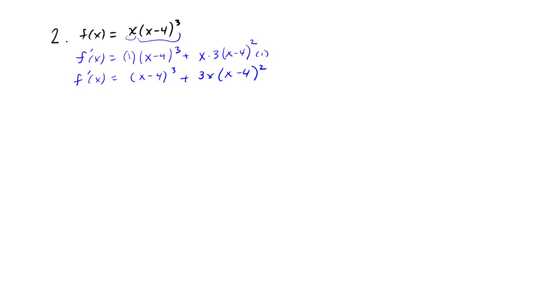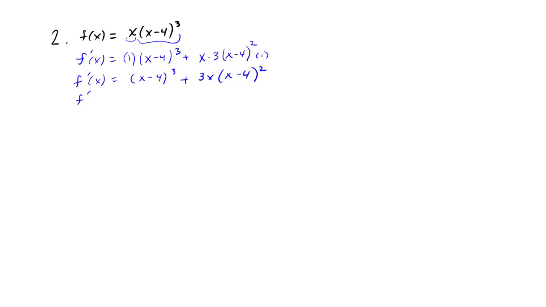Now, I could go ahead and multiply that out before taking the second derivative, but I think I'll just factor first and try and see if I can clean this up a bit. So notice that each of these terms has an (x minus 4) squared in it. So I'm going to take out (x minus 4) squared, and I'm going to be left with x minus 4 from the first term, and then plus a 3x from the second term.